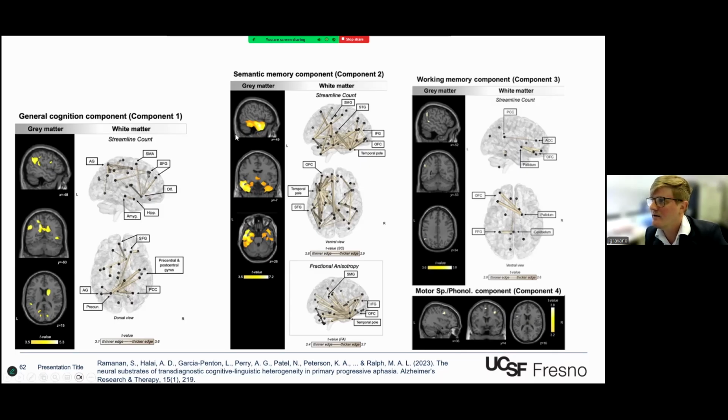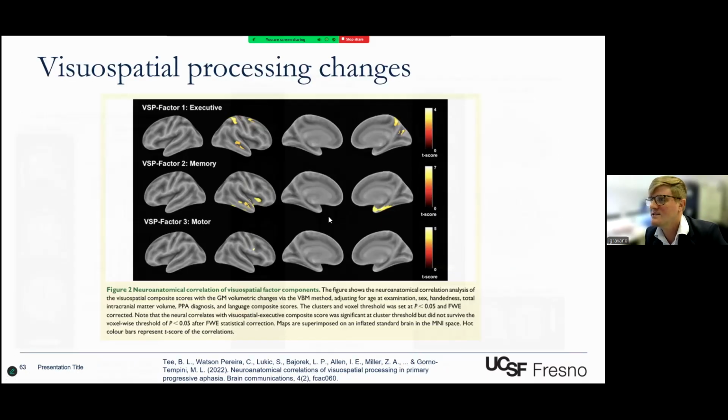Other things may be specific to semantic loss as well as working memory loss, which tend to pan out in the specific cognitive connectivities of these areas. So really all this is to show that the cognitive networks that support these language skills are disrupted as well, and you can see that again in broad functional assessments.